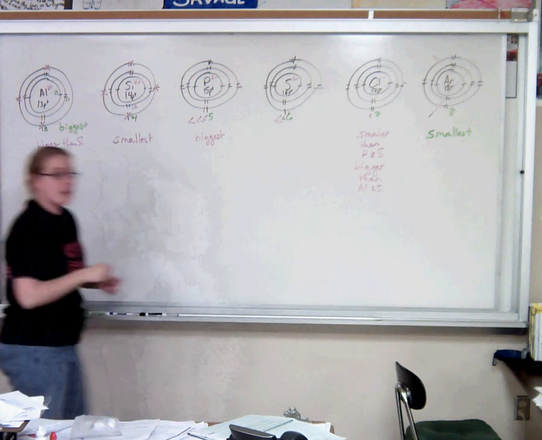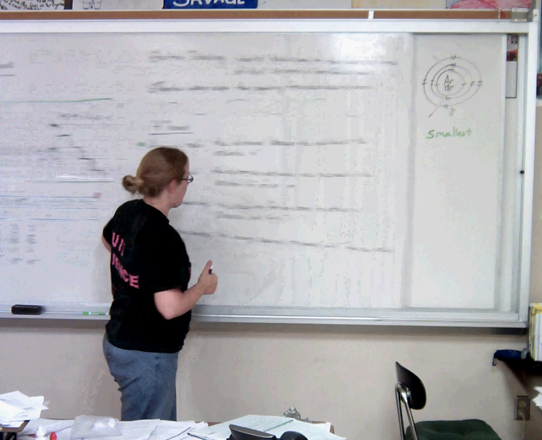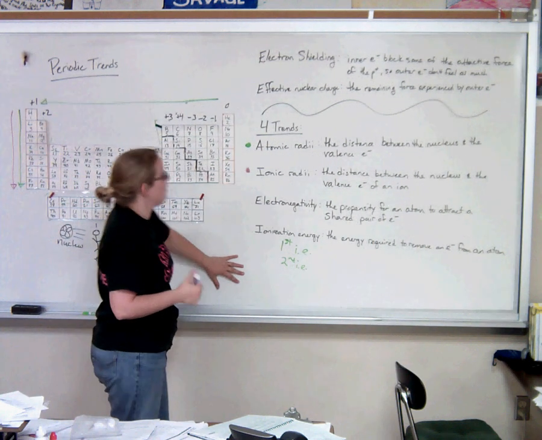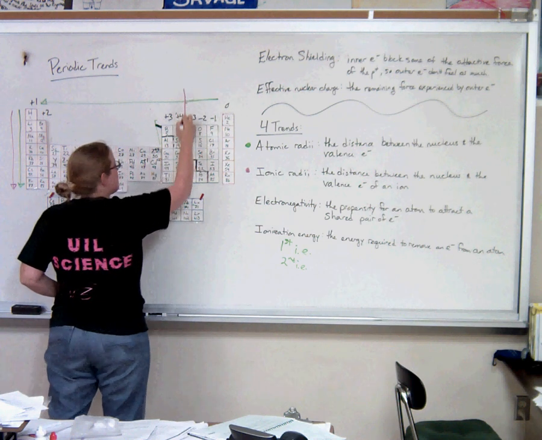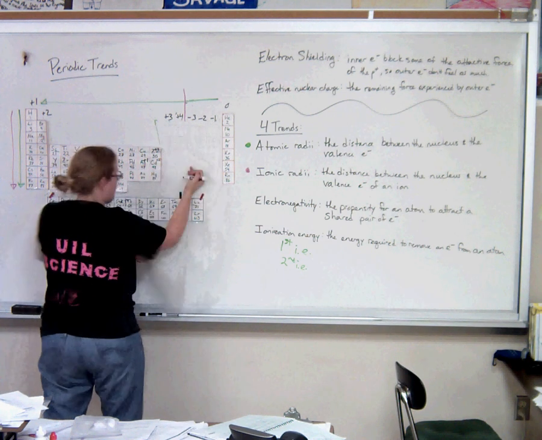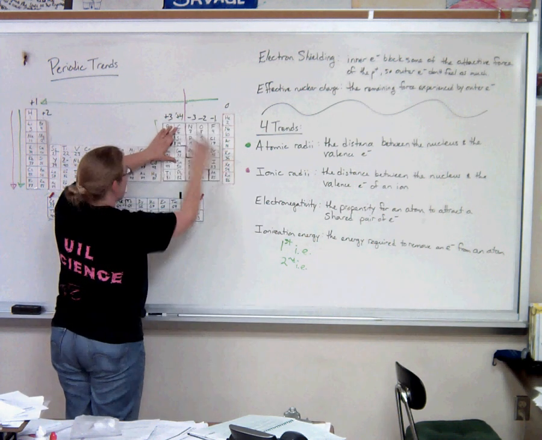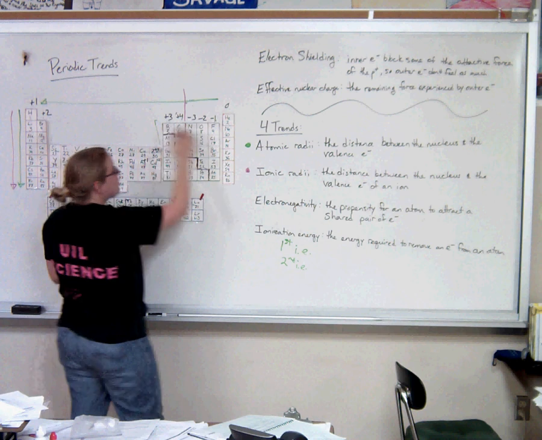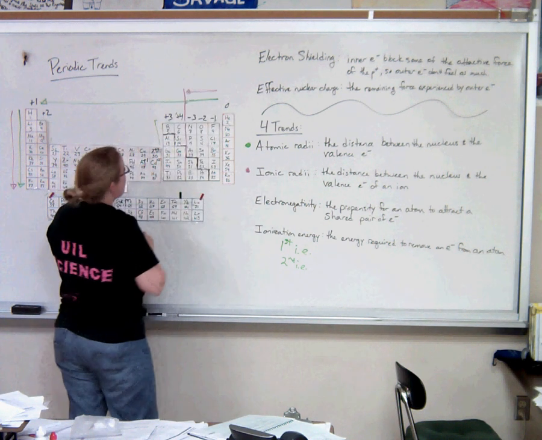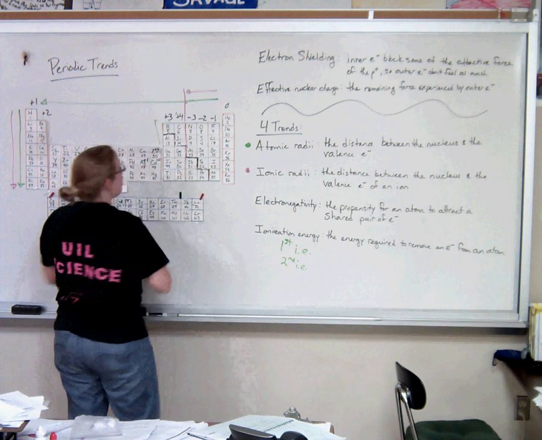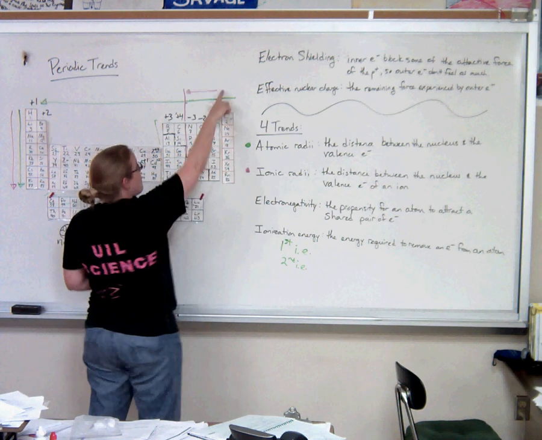So let's go back to our periodic table. So what's going on here is that there's a dichotomy, as I said, between the anions and the cations. So as the anions go left to right, they are getting bigger. Oh, I should have included noble gases here. I'm going to include the noble gases for atoms. I'm not going to include them for ions.